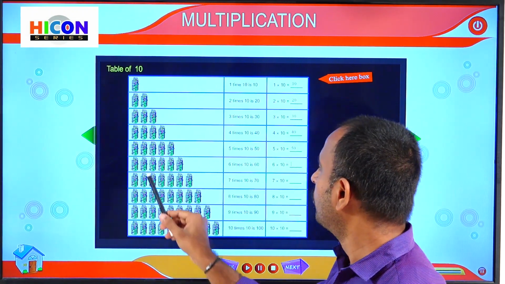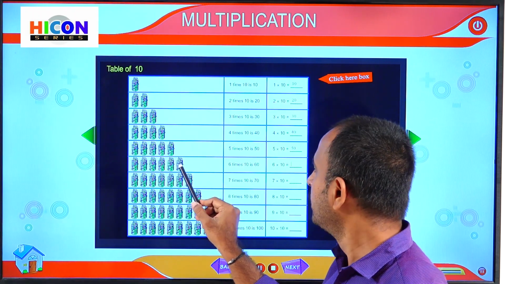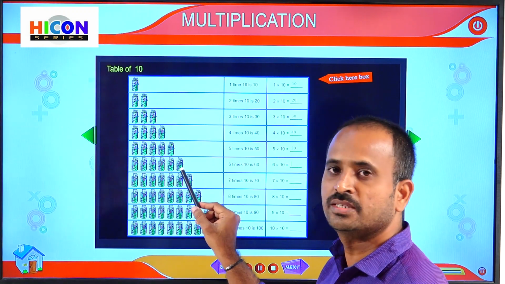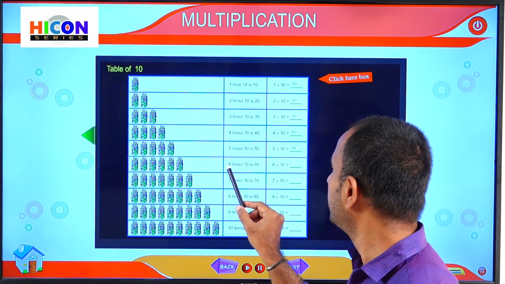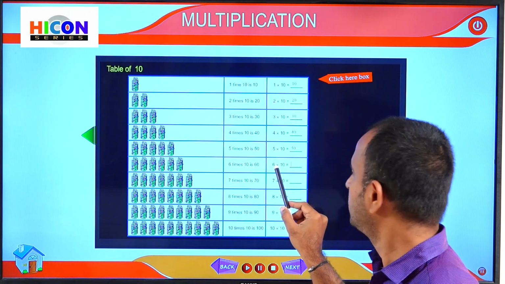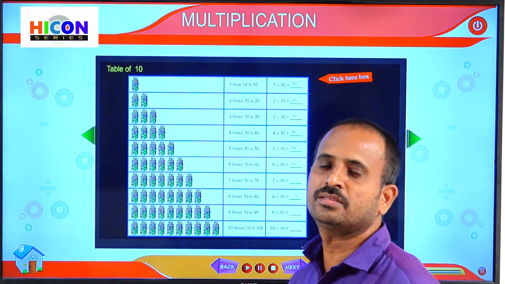And see, how many groups of pencils are there? There are 6 groups of pencils. Each group has 10 pencils and the total number of pencils can be obtained by doing 6 times 10. That is 6 into 10. 6 tens are 60. So total there are 60 pencils.